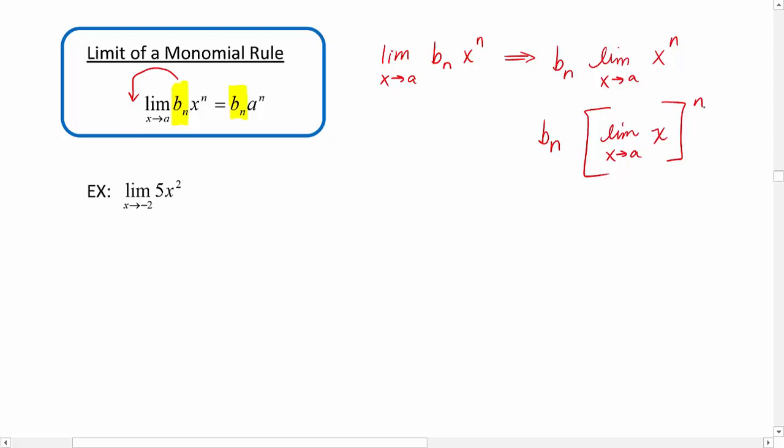What I have in my brackets there, that's our identity function rule. The limit as x approaches a of x is just a. So there's our b sub n out in front, and now this becomes a, and then we're raising it to the nth power. But long story short, just take the a and plug it in for the x, and that's it.